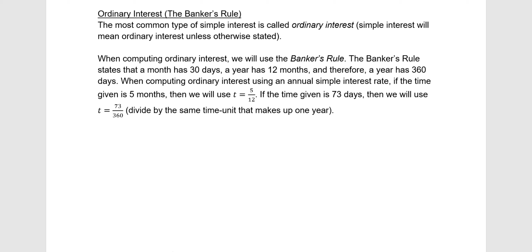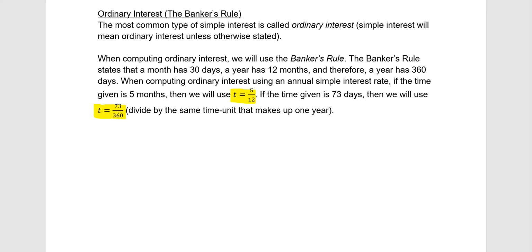So when computing ordinary interest using an annual simple interest rate, if the time is given, for example, in 5 months, then the time we're going to be using is 5 divided by 12. If the time is given in 73 days, then we're going to use T equals 73 divided by 360.